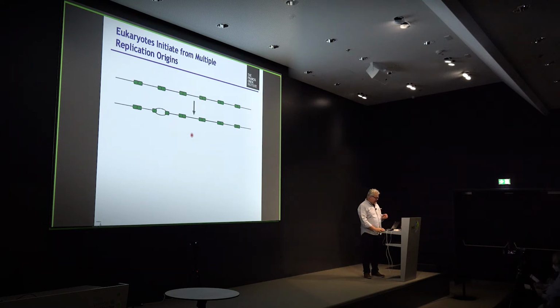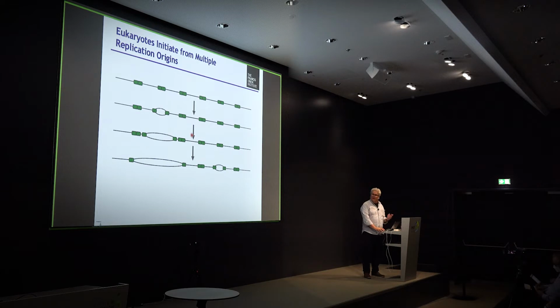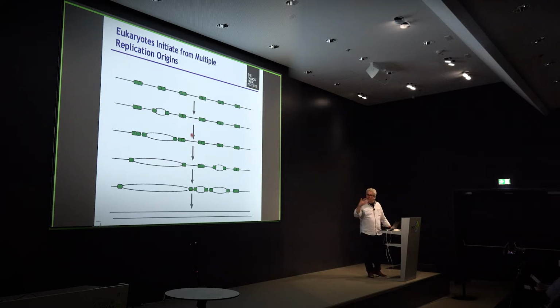You'll see why later. So you can have some replication origins that initiate early in S phase, others that initiate late in S phase. Some of them actually never get used in a particular S phase, and we call them dormant origins, and ultimately you get the whole genome replicated. So this is great because in the case of E.